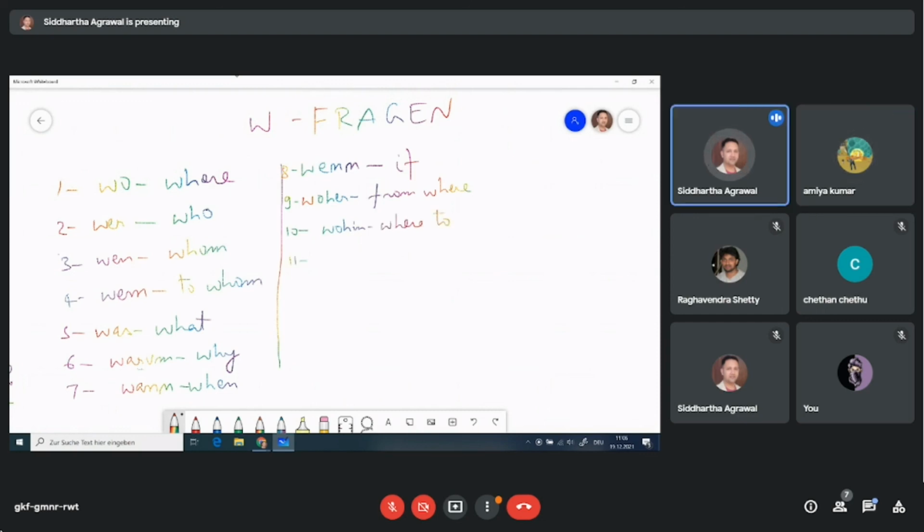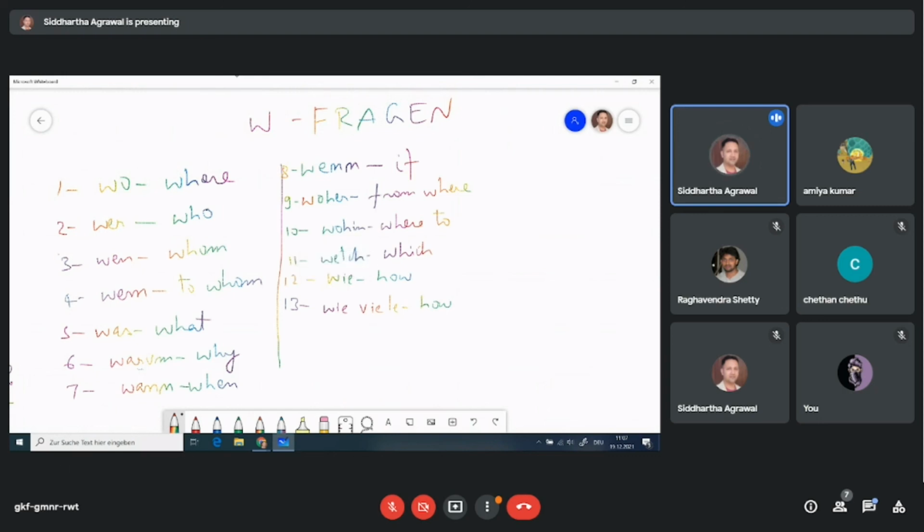The eleventh one is welch, W-E-L-C-H, which is which, not much used. I think up to 10 only is sufficient, at least up to this level. And the 12th one is wie, which is how. The 13th is wie viele. Make sure, friends, this is a little confusing, but you must remember it. Wie viele is how many.